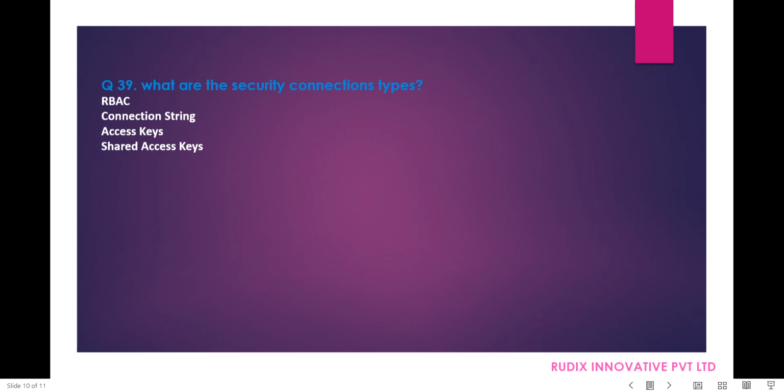Next, access keys. They are the primary and secondary authentication tokens associated with an Azure storage account. Shared access key: the access key associated with the storage account. This key is used for authentication and access control.